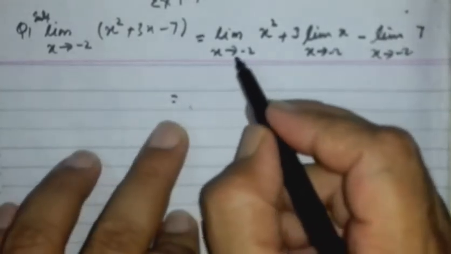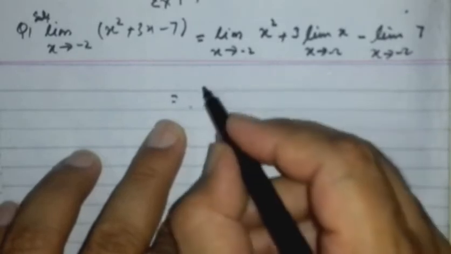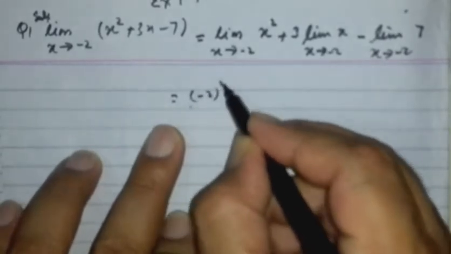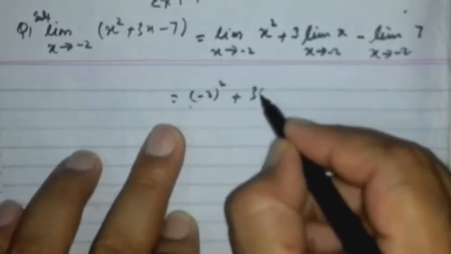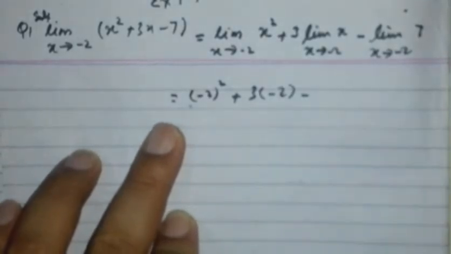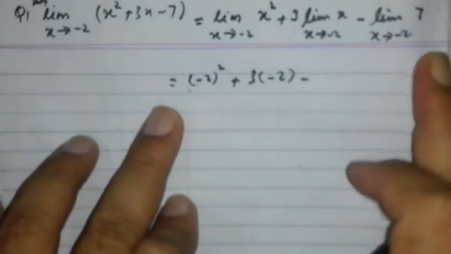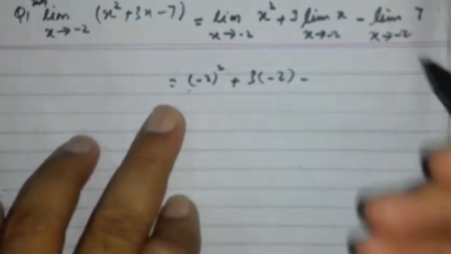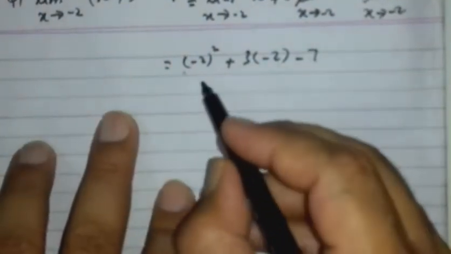Now put the x value here, minus 2. Minus 2 square plus 3, the x value minus 2. And note that the limit of a constant is that constant number. So we can write it here, minus 7.